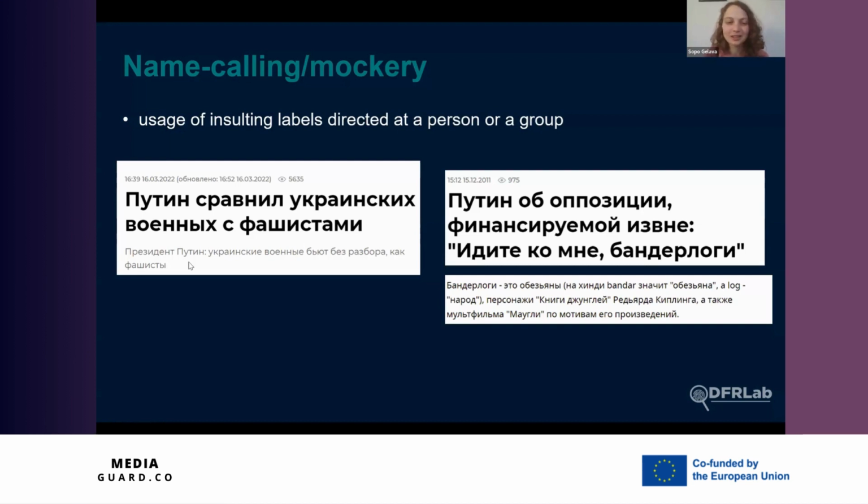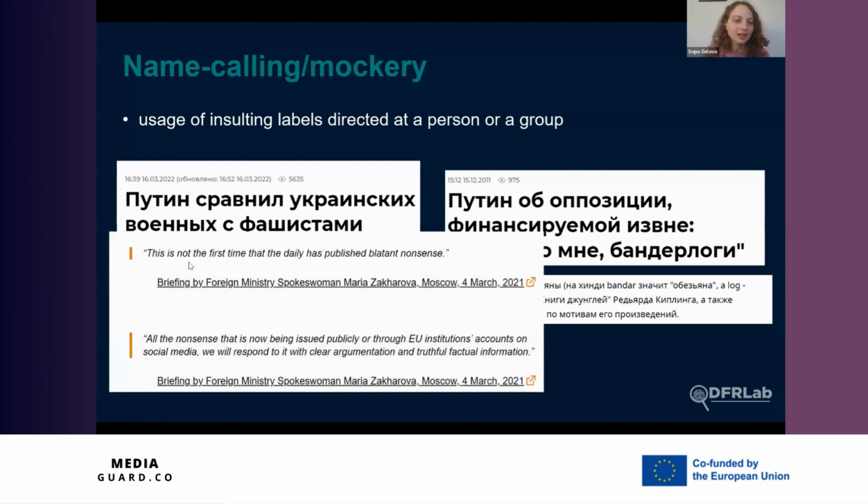So this is an insulting term. And this example is from Maria Zakharova's statement from 2021, calling everything nonsense. This blatant nonsense. You can take this term, this keyword, and search in Russian media outlets.